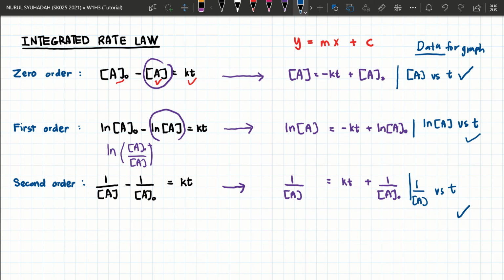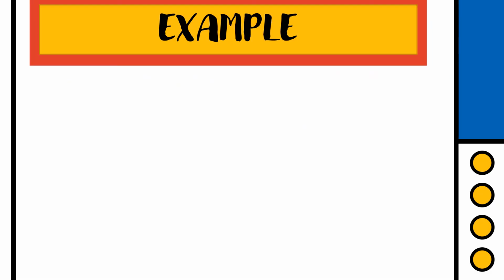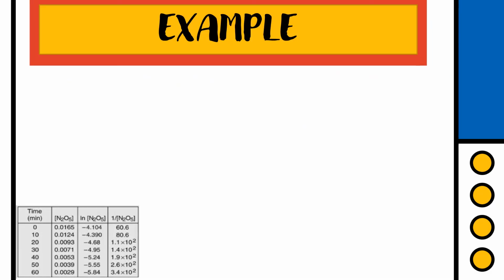Let's take a look at one example. Let's say I have this set of data. The question gives me time and concentration of N2O5 only. For me to know whether it is a first order, second order, or zero order reaction, I need to try one by one which one will give me a linear graph.